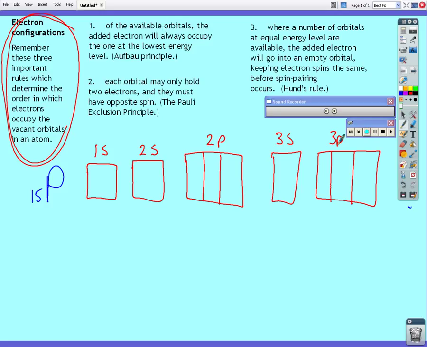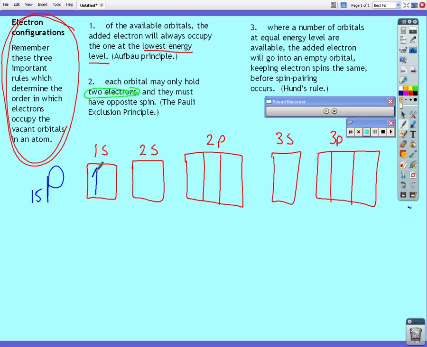Now remember, each orbital can only hold 2 electrons, 2 electrons per orbital, and they're going to fill up in the lowest energy level available, one at a time. So we've got 15 electrons. The first electron can go here in the 1s orbital.